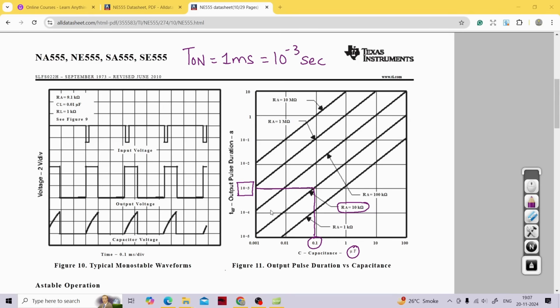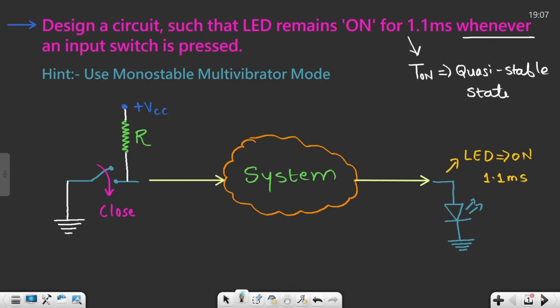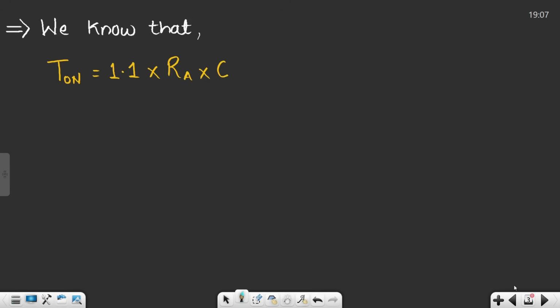But they will not tell you how exactly we got this value. It is present in the data sheet. So you can avoid this calculation and directly assume the values for RA and C. Don't worry, I'll show you that as well, so that you don't get confused.